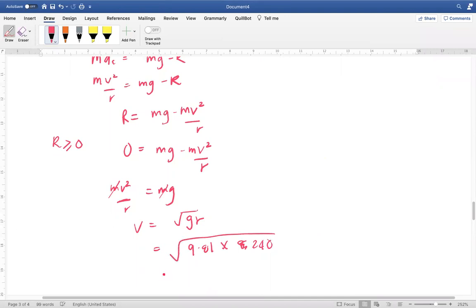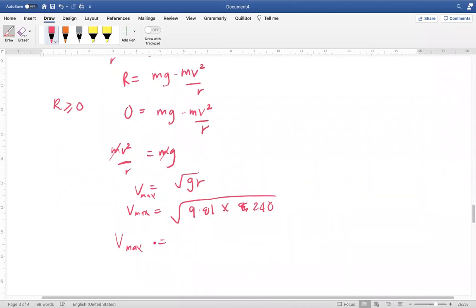Square root that is your Vmax. Okay, boleh je nak tulis pada sini Vmax. So tak tahu jawapan dia apa, tolong tekan calculator jap. 48.52 meter per second.